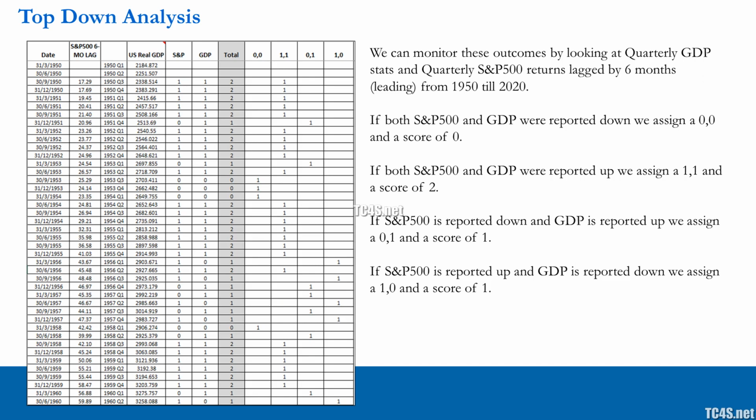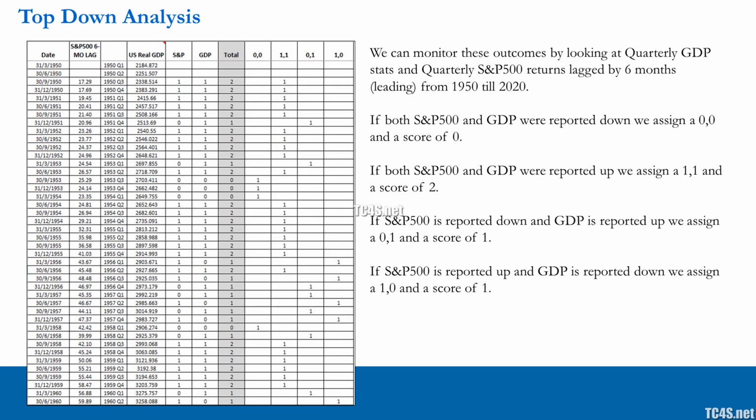So for the S&P in that row, we put a number 1 in the cell because the S&P went up during that period. For the GDP number, we know GDP went down, so we put a 0 in that cell. So what's the total here? It's a total of 1. And what is the scenario?